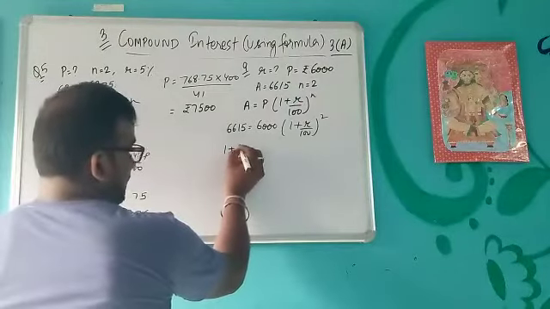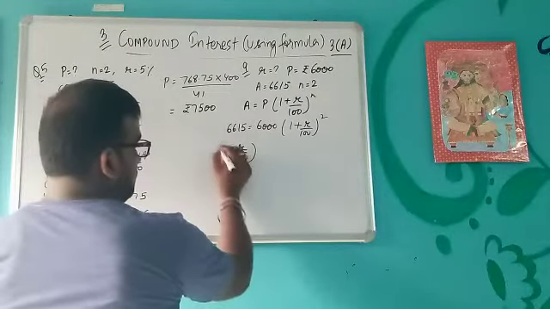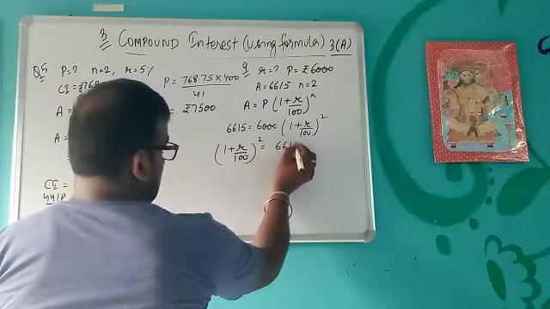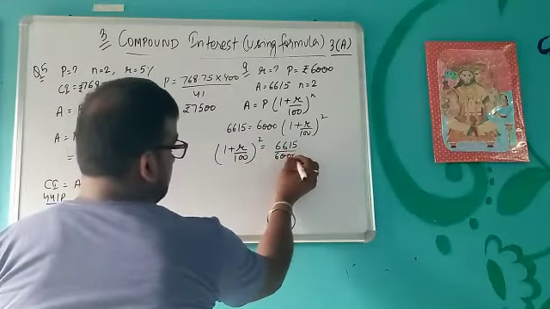After some simplification, this is 6615 upon 6000.